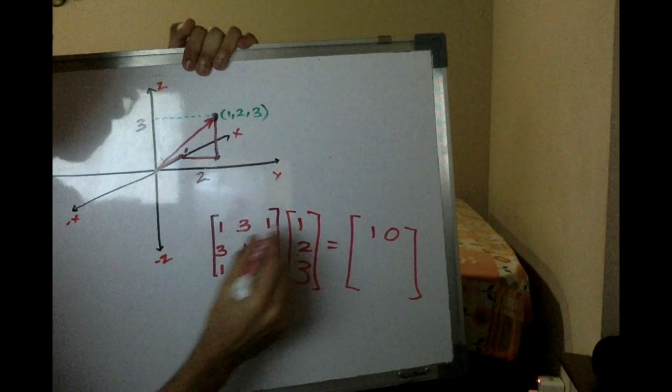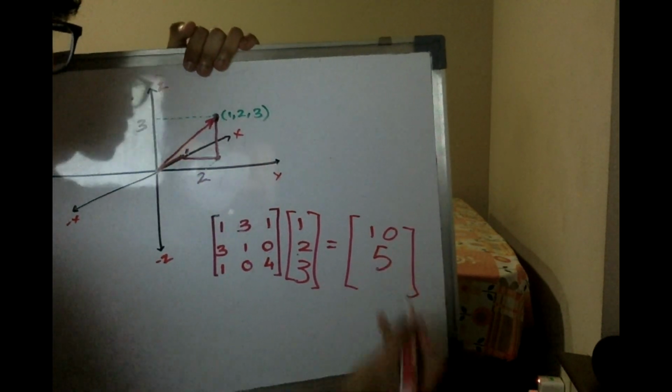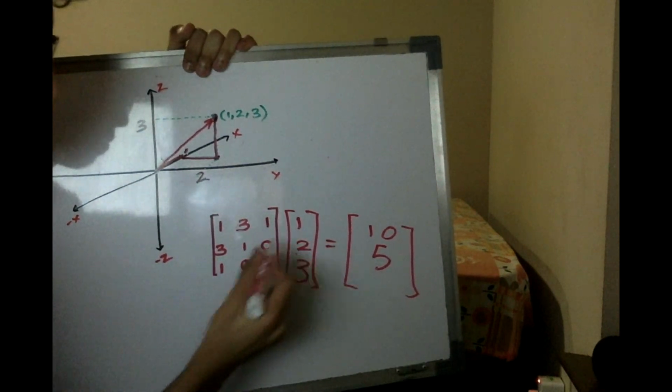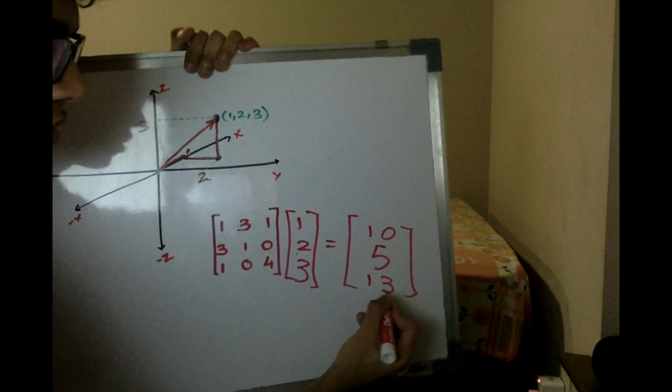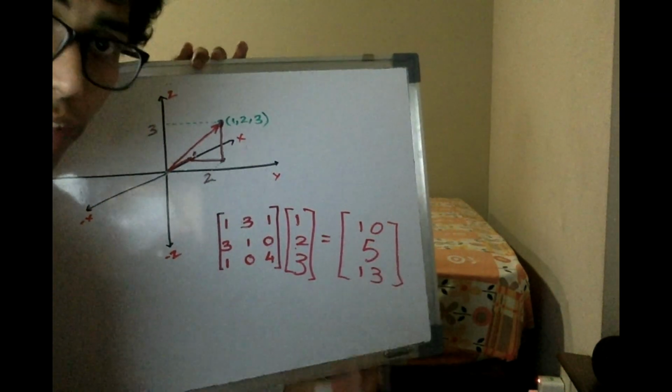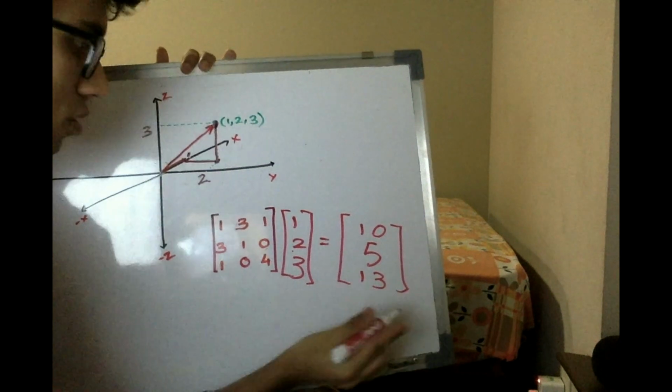This will be 3 plus 2 plus 0, 5. And this will be 1 plus 0 plus 12, which will be 13. So you see, my new x is 10, new y is 5, and the new z is 13.